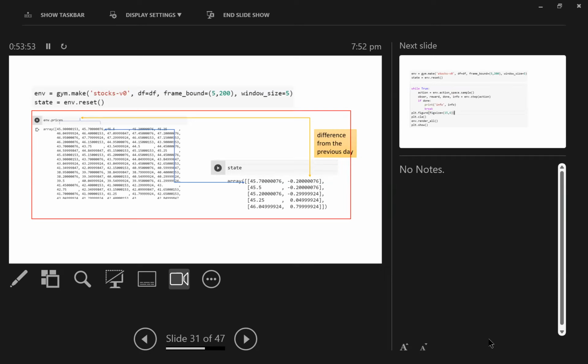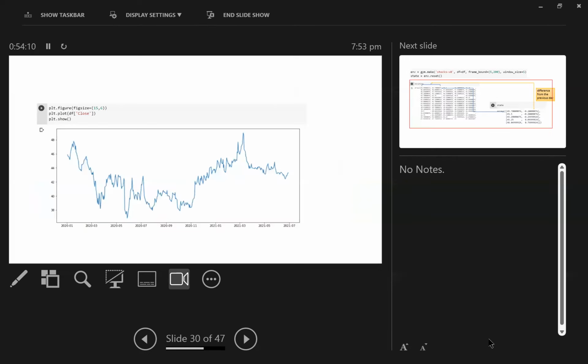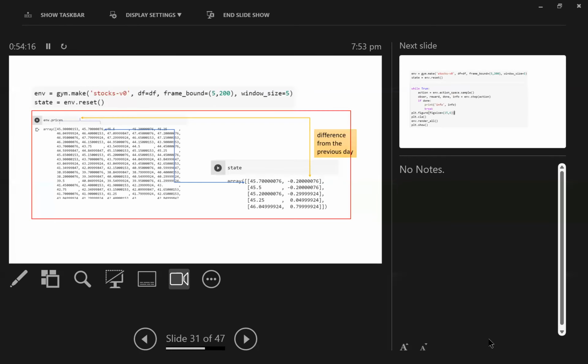This is just a couple of examples: you have the name of the environment you made, and here it gives you the whole period of stock price. You can imagine that this is all the stock price over this period, and then it puts it into this environment.